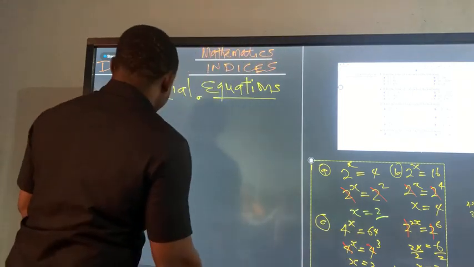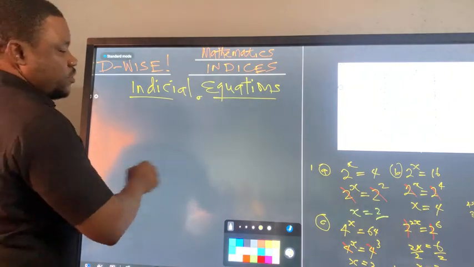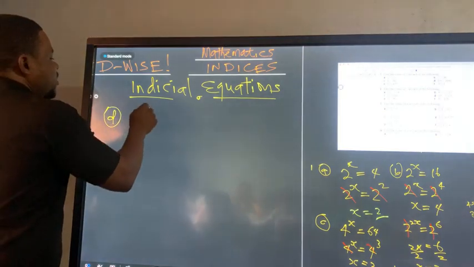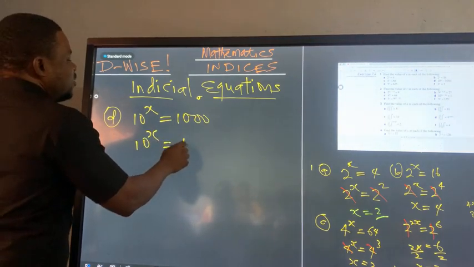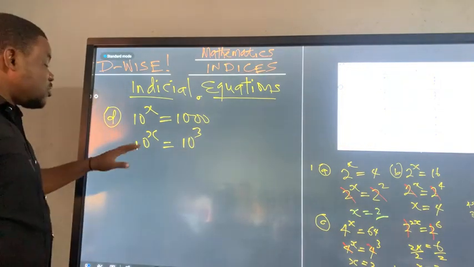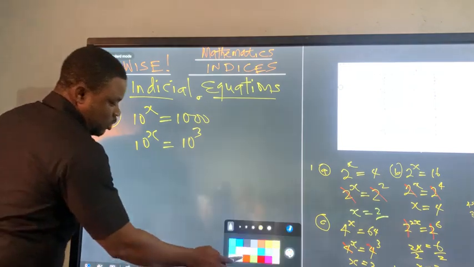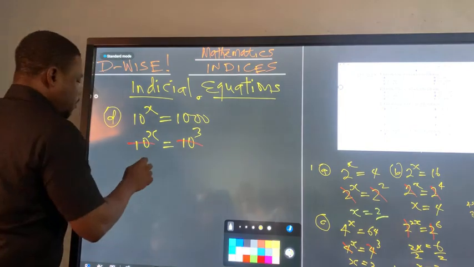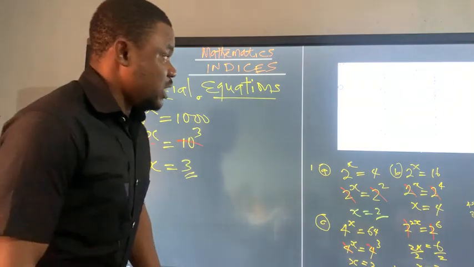Okay, I've not even done D. D is 10 to the power of x equal to 1000, right? 10 to the power of x is equal to 10 to the power of 3. In this case, I will not start looking for prime numbers, because 10 is not a power of a prime number. You get what I'm trying to say? So I'll just do it this way. The normal thing we do is cancel this base and this base, so eventually we have x equal to 3. Is that straightforward?